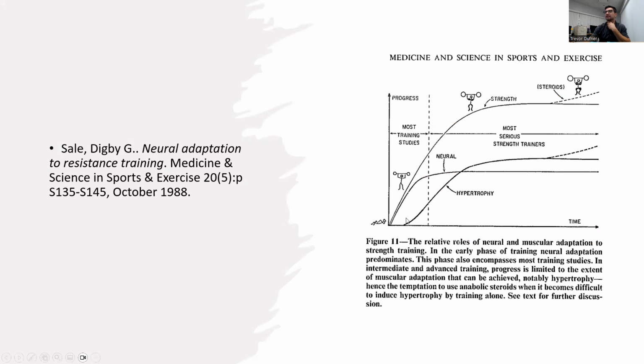What we see here is just a simple graph. We're looking at the changes in neural adaptations, hypertrophy, and strength over time. As we see here, usually in about the first 6 weeks of strength training, the increase in strength that you see is almost entirely neuronal in nature. It is almost entirely on the neural side.